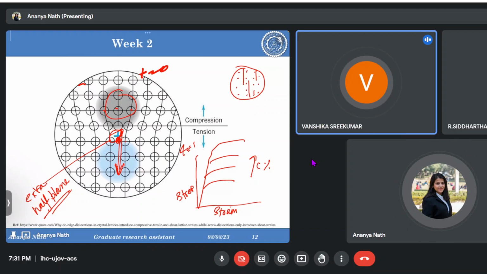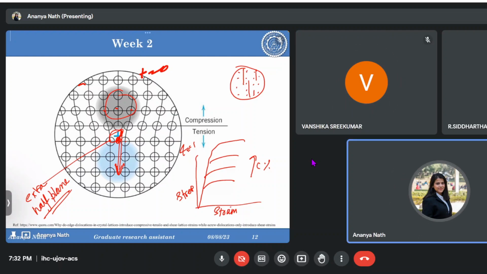But as it goes forward, the yield point decreases because they're farther away. Basically, the velocity is a little higher for the dislocations as compared to the solute atoms. So in a normal stress-strain graph, we can find this upper and lower yield point for steel and for any ductile material.